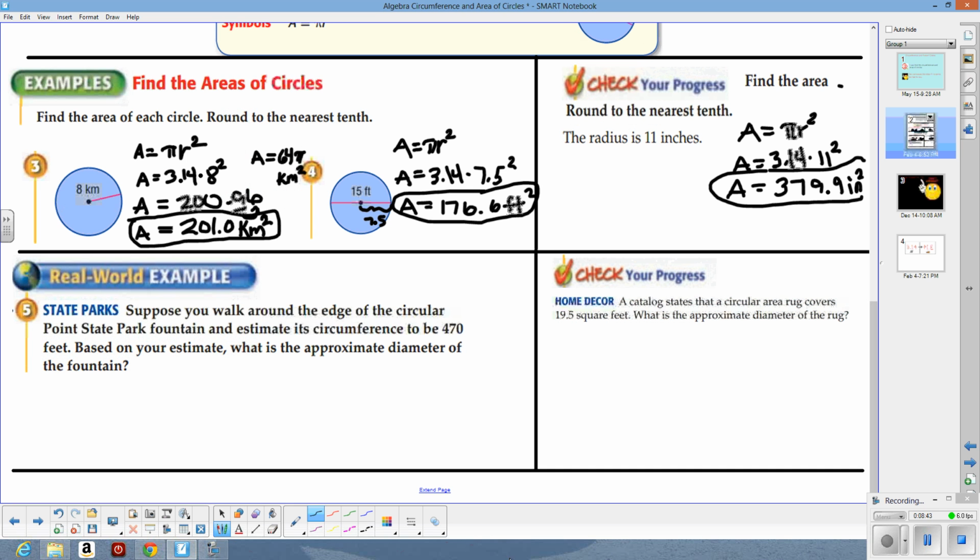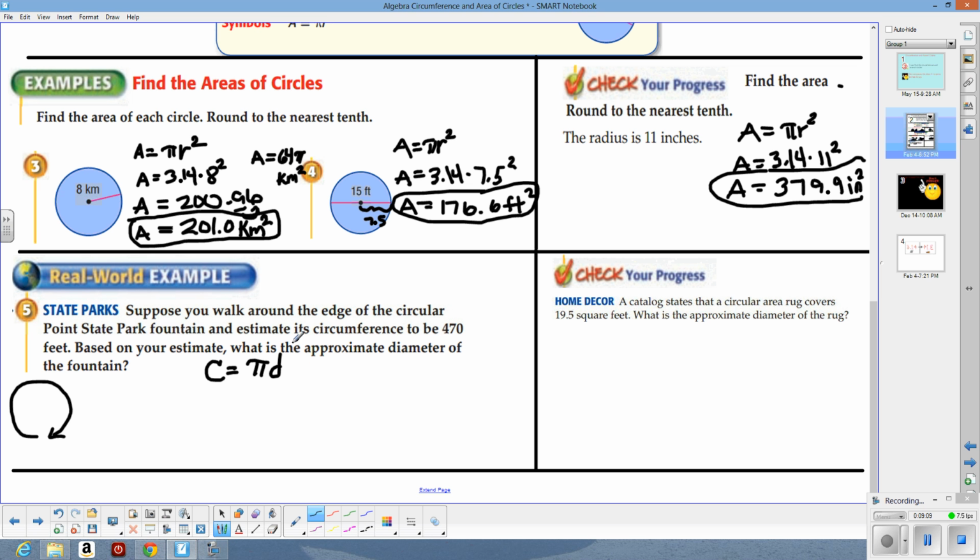Our last example says, suppose you walk around the edge of the Circular Point State Park fountain and estimate its circumference to be 470 feet. Based on your estimate, what is the approximate diameter of the fountain? Well, since we walked around the fountain, we're talking about circumference. So we're going to write down the circumference formula. Circumference equals pi times diameter.